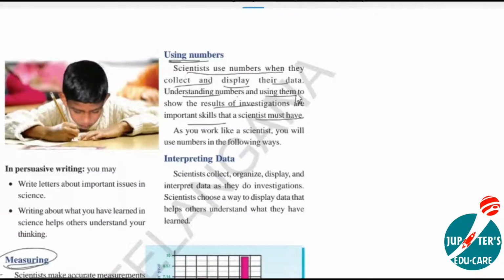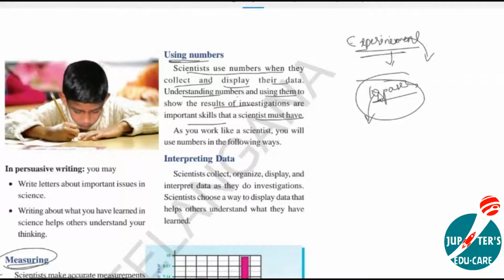For example, after an experiment, a scientist gives his conclusion in 10 pages. In 10 pages, right? So anybody can read this? He has done many investigations, many experiments, and he concludes something about whatever he researched.